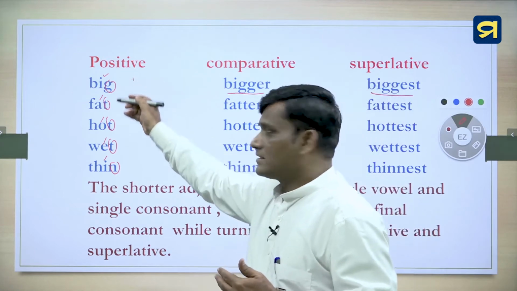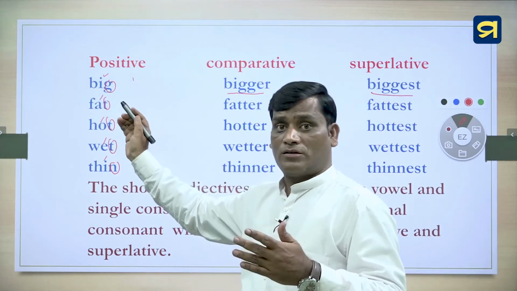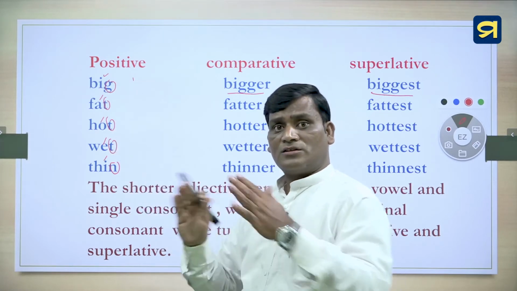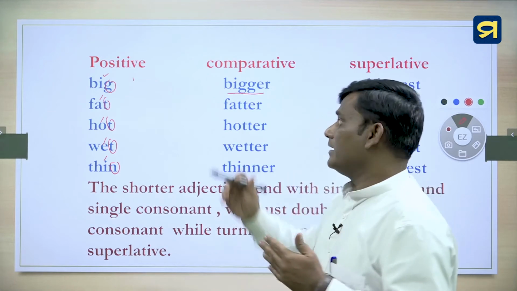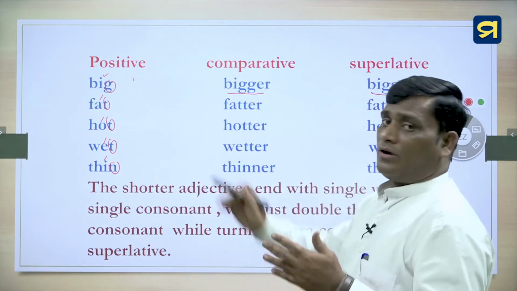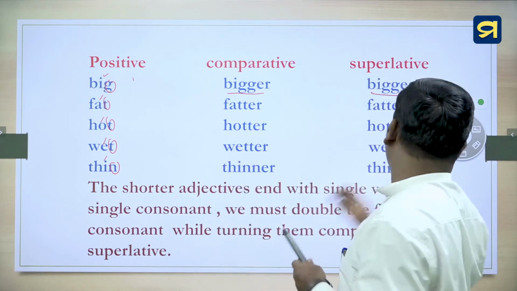Here, the last letter is a consonant. Before the last letter is a vowel, a single vowel. If a double vowel is there, the final consonant cannot be doubled. Okay, so in this way, we have to remember while writing the spelling, we have to check our spelling. These are the rules. Remember them.